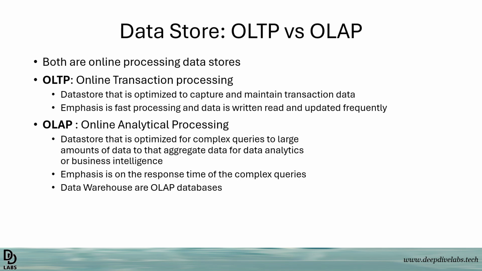There you are not writing data as often, you are not maintaining transaction data, but you are trying to bring transactional data from multiple data sources to get the single source of truth. So the emphasis is on the response time of complex queries based on the business process, so that you want to understand the business process from different perspectives.